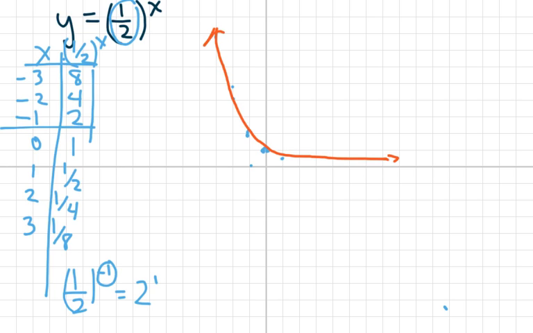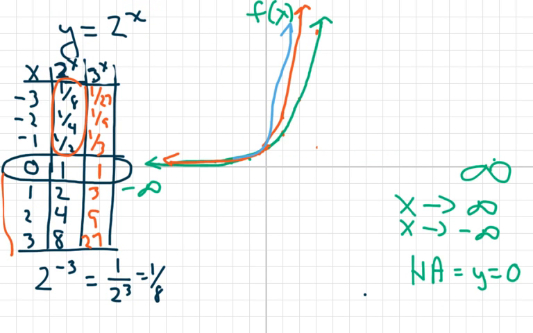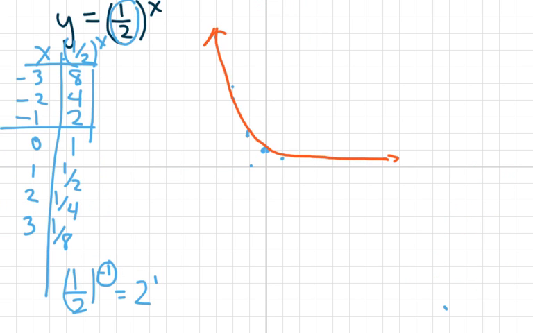So, and you could do the same thing with 1/3 and all that. So look at the difference. It reflects over the y-axis. So know those kind. Okay? And same thing, horizontal asymptote is y equals 0.